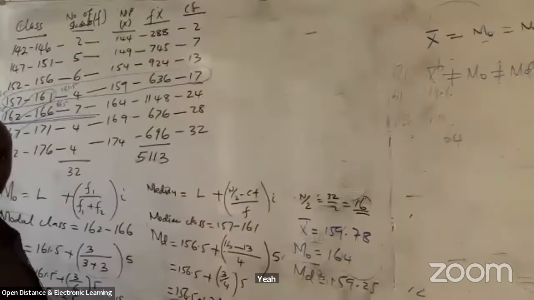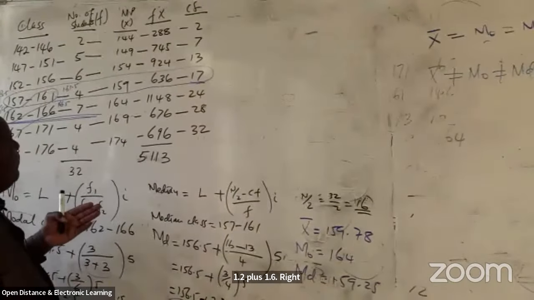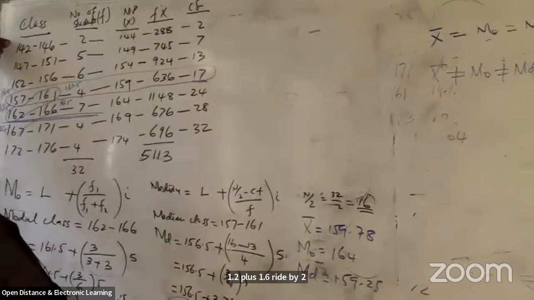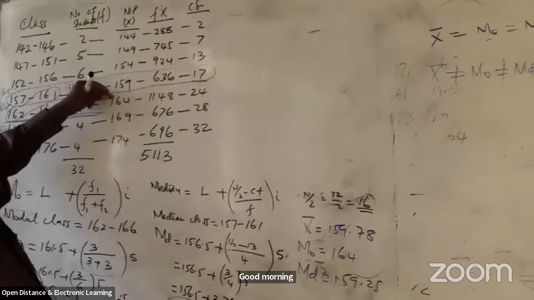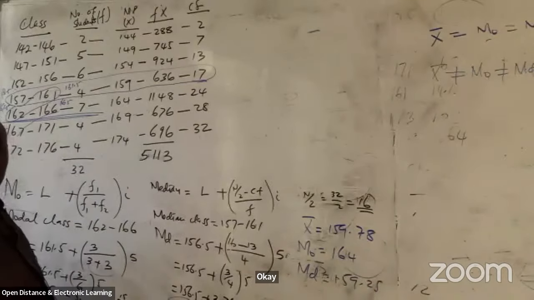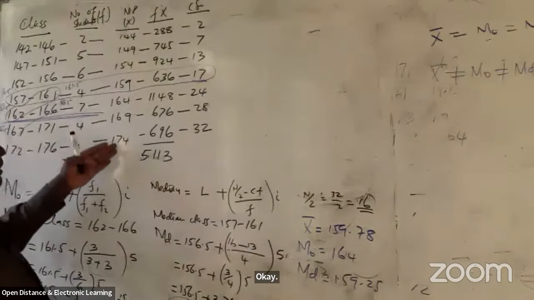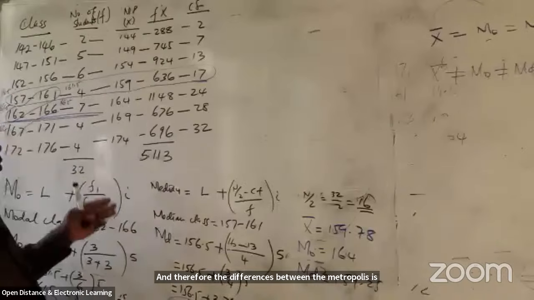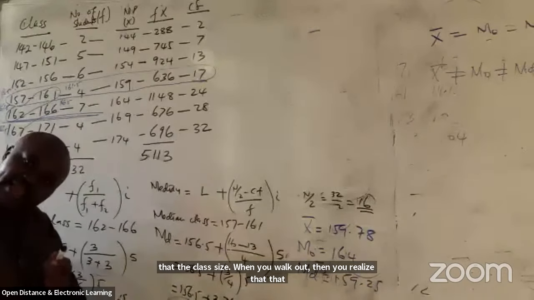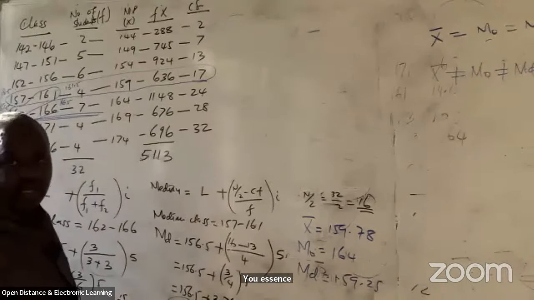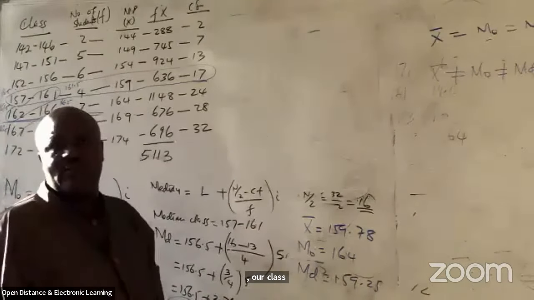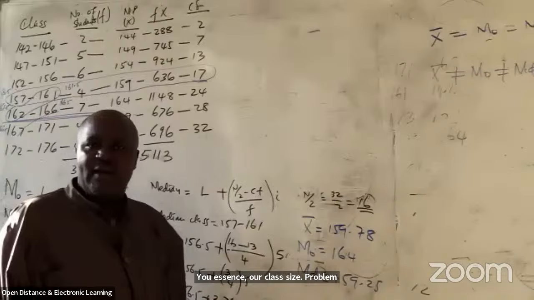If you are careful, you realize that this is a regular distribution, and therefore the difference between the midpoints is just the class size. When you work it out, you realize that they differ by 5, which was, in essence, our class size from the class intervals.